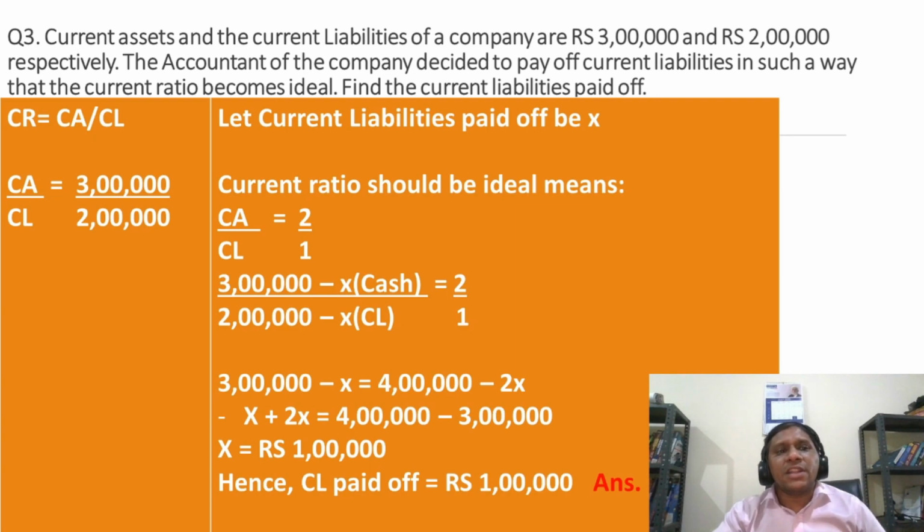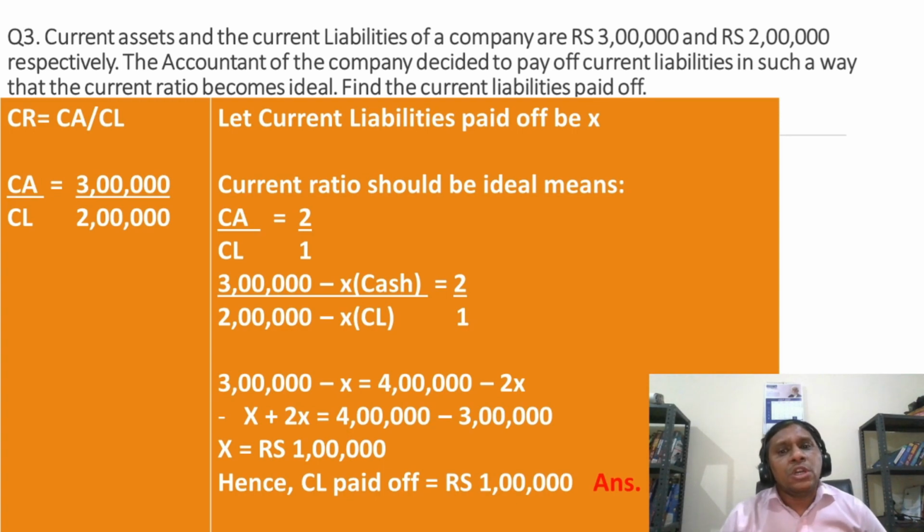Children, current ratio can be computed as current assets upon current liabilities. We can write this: current assets upon current liabilities is equal to 3 lakh by 2 lakh, that is mentioned in the question. Now, whatever we need to calculate, we are going to assume, let the current liabilities paid off be X. It is like mathematics, my dear children.